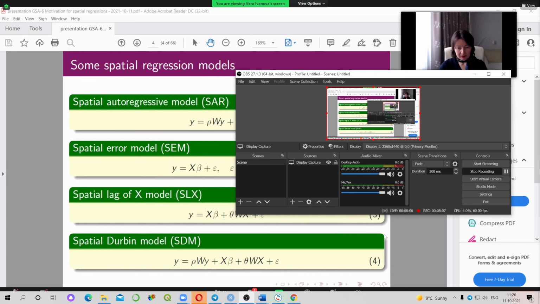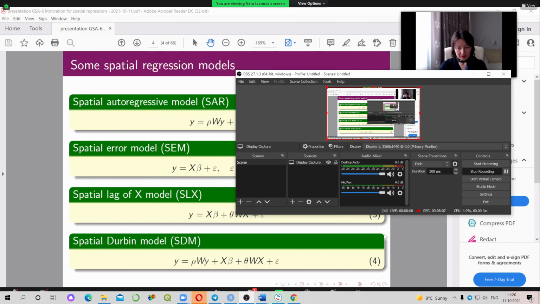Okay, for the next equation, we include the spatial lag of the error term. That is, we say that in the main regression, the error term is spatially autocorrelated. Then we get the so-called spatial error model.